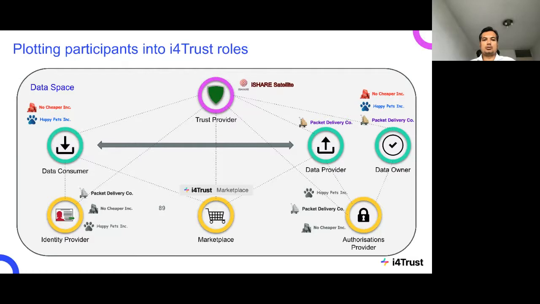and these roles you see are blurred out. They are for a reason. So in this example, you will see that each of these roles or each of these participants have their own identity provider and own authorization registries, but it's not mandatory to have it that way. They could also buy that service from a third-party provider.